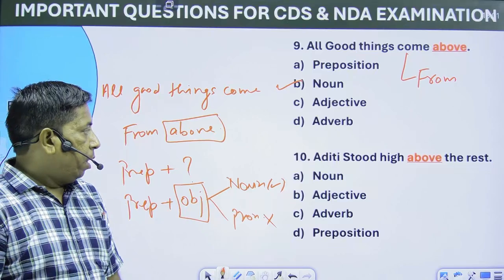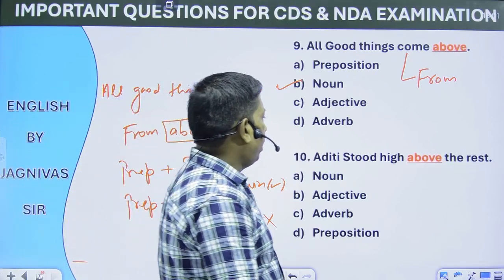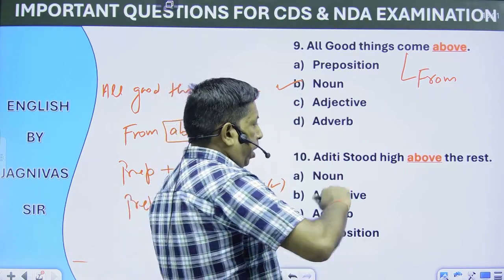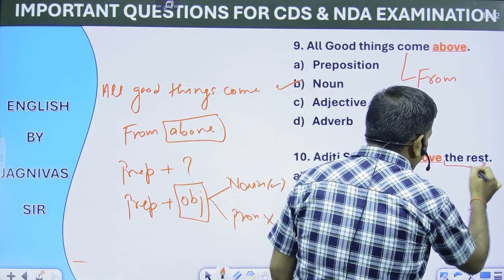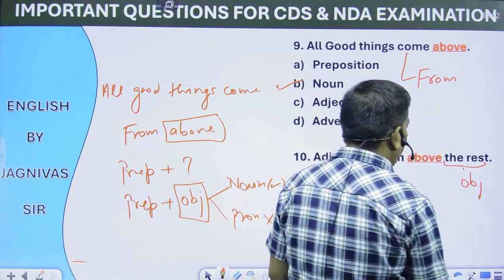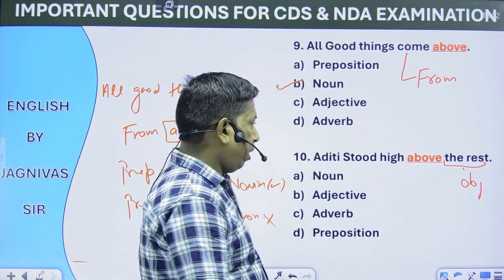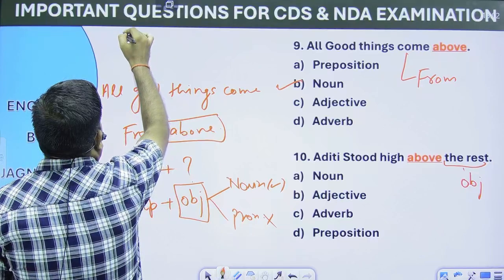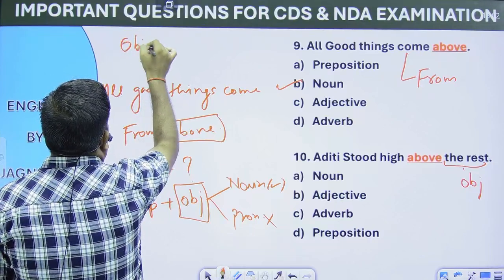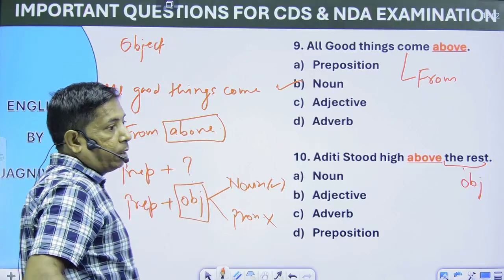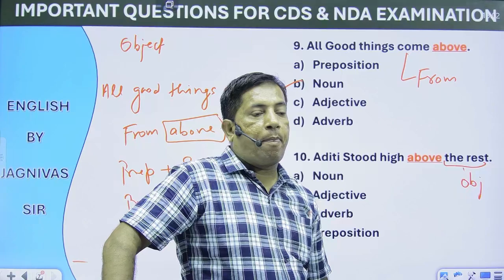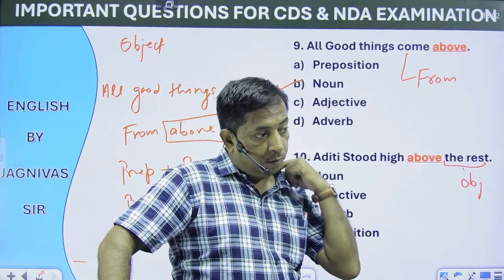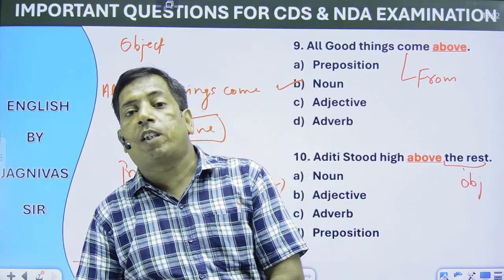Clear? Let's move to the next sentence. Aditi stood high above the rest. Now you can see above has an object. Okay, children. Let me teach you one more thing. The most important basic of this class is: where can we see an object in the English language?